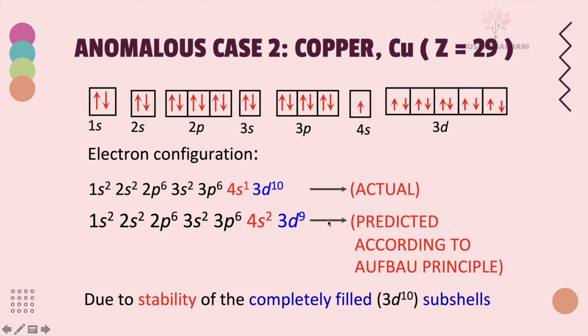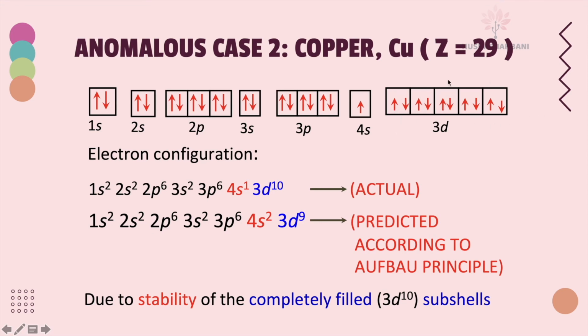But the actual electron configuration is that only one electron fills the 4s orbital. The rest fill the 3d orbital. This is because of the stability of the completely filled subshell. 2 electrons maximum for each orbital in 3d: 2 electrons, 2 electrons, 2 electrons.